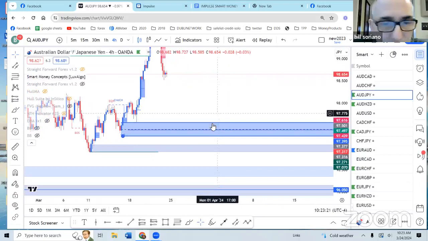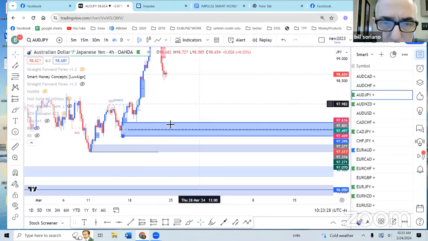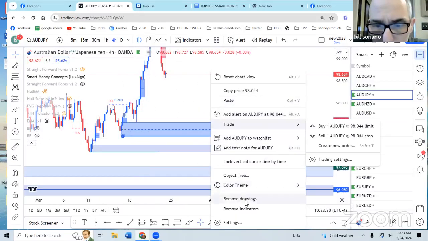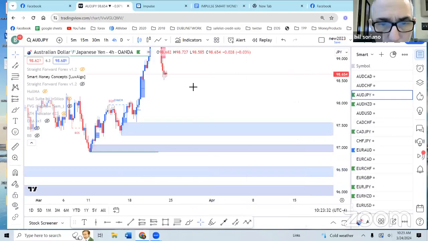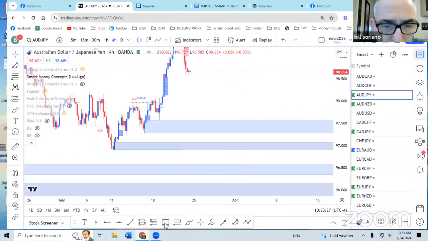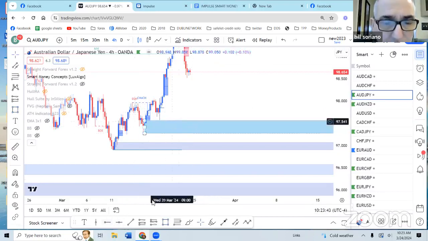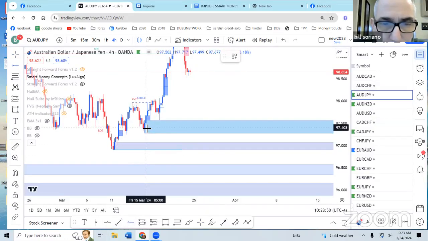So that's how you identify. Let me just see something here real fast. Just remove all the drawings here. So what I want to do is identify this order block, and I want to set the alert at the 50% point.